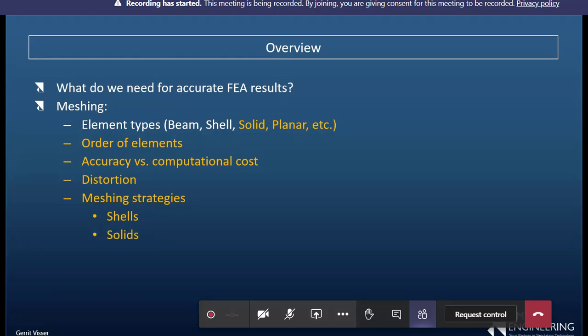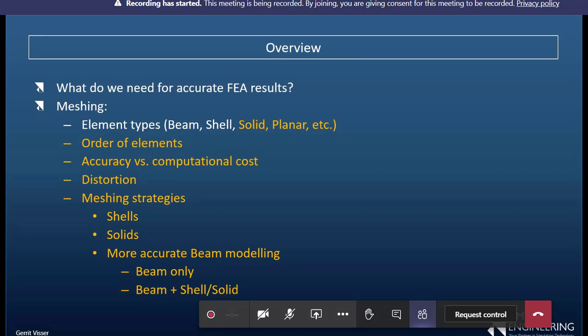For that we look at shells and solids specifically, and then some tricks to improve the accuracy of beam models. We'll already start talking about some of this in this session as well. Okay, so in other words, we can look at beam-only models or combinations of beams and shell modeling.